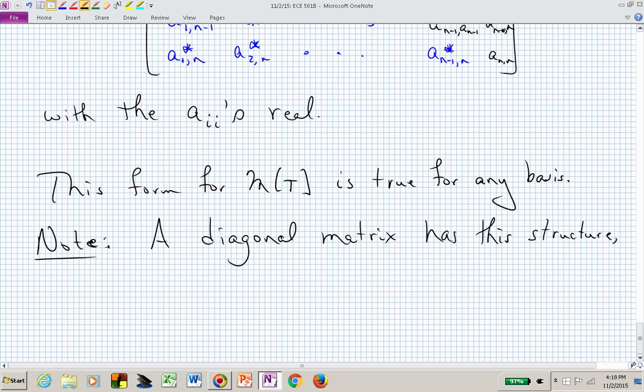What do we know about those entries on the diagonal? If it's self-adjoint, they have to be real. So a diagonal matrix has this structure if the diagonal elements are real.